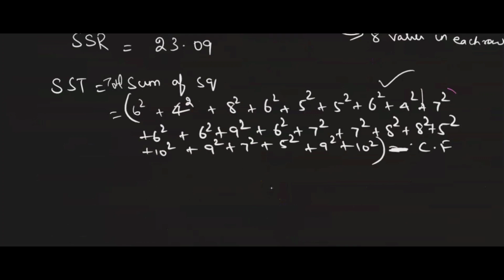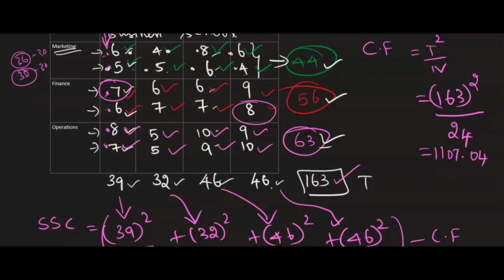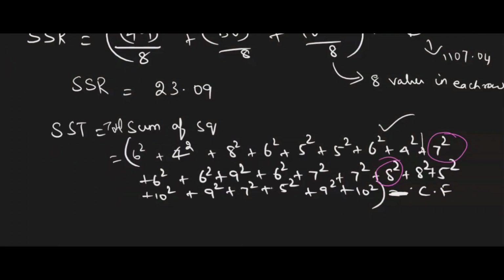And your third row values are from 8 square to 10 square. Please don't forget this minus correction factor. So you will square all these things and then subtract the correction factor that we have calculated, and this happened to be 71.96.